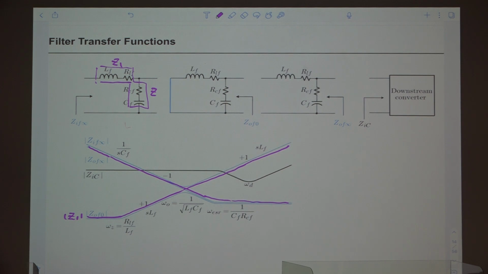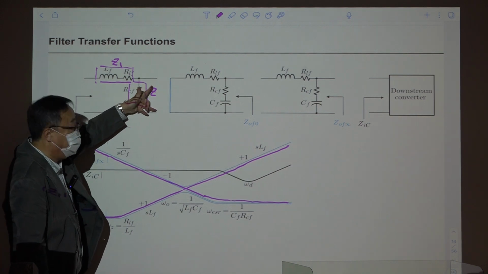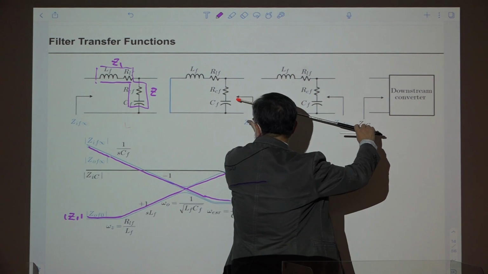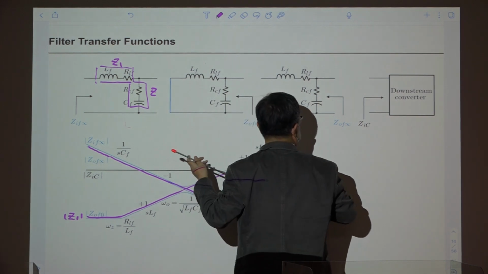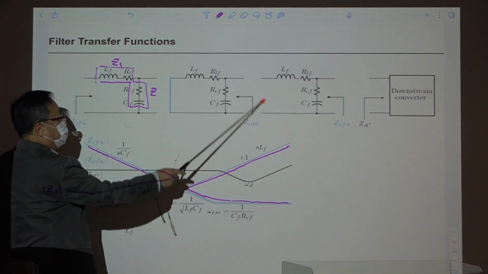Okay, and here we defined three different impedances of this infilter. GIF infinity is the input impedance of this filter, defined with the output open, and this is the output impedance of this filter with input port shorted. And this is the output impedance of the filter with input port open.